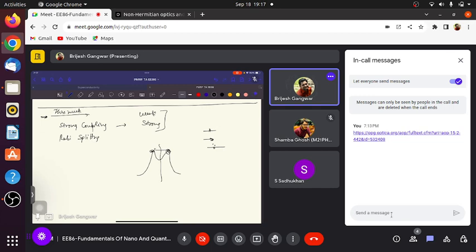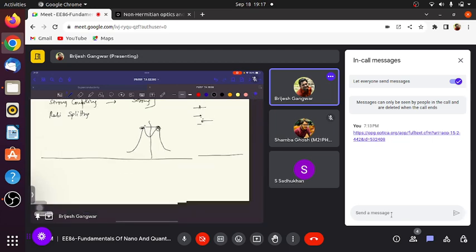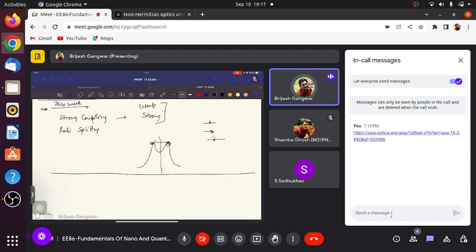So if you have one oscillator, we can have a Fabry-Perot, or you can have some mechanical oscillator, you know, right?